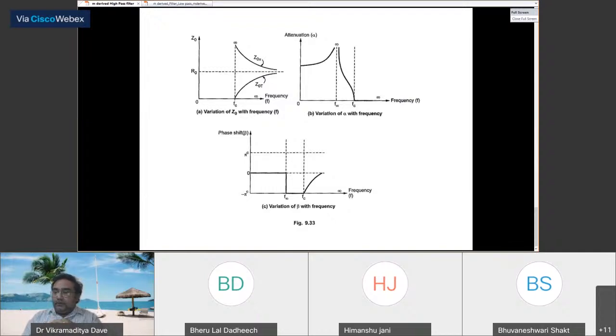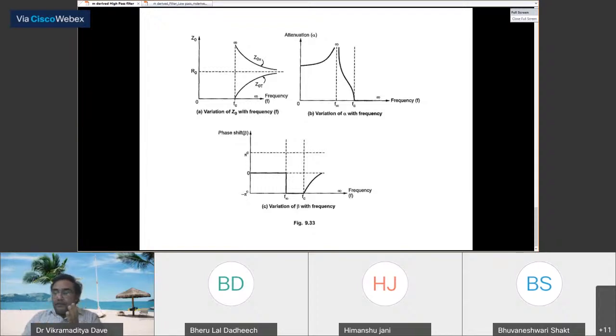Tomorrow we will do two or three numericals for the high pass filter. We will see that once again the first step is to find out the m ratio, just as we did for the low pass filter.